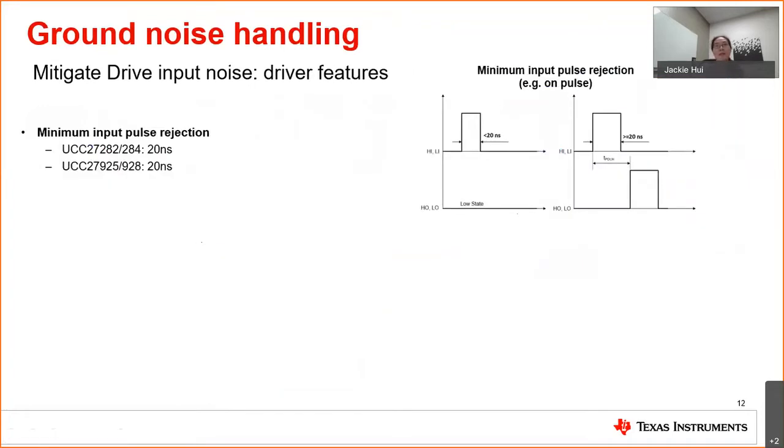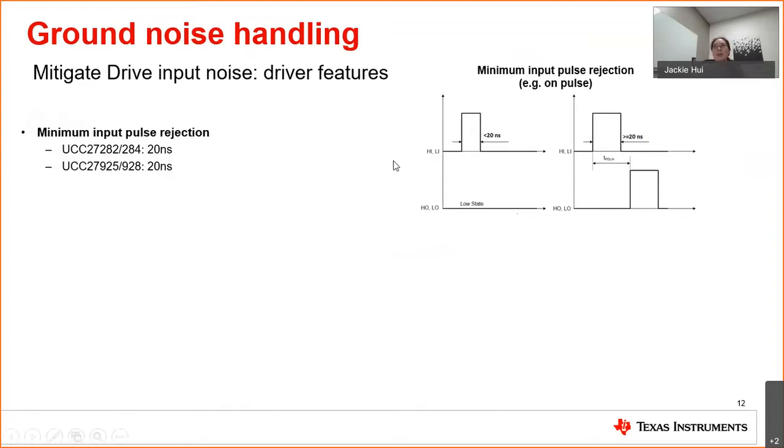There are other features included in the driver to help mitigate this ground noise challenge. There are several features that we have in our driver, for example the minimum input pulse rejection. The two driver examples we show here, UCC27282 and UCC27925, both have a minimum input pulse of 20 nanoseconds.